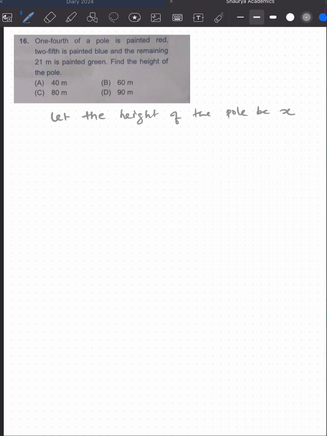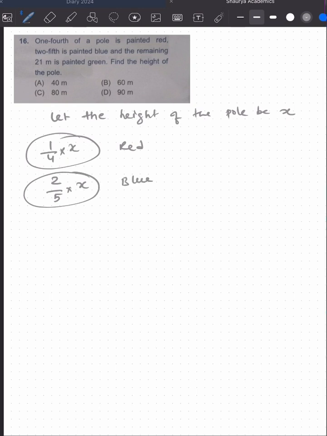Now 1/4 is painted red, means 1/4 times x is painted red. 2/5 is painted blue, means 2/5 times x is painted blue. And remaining 21 meter green.